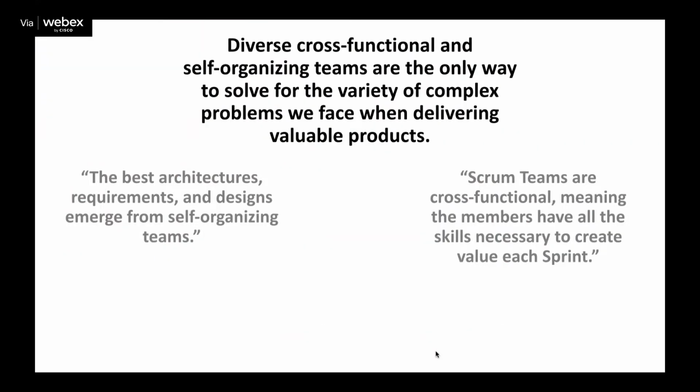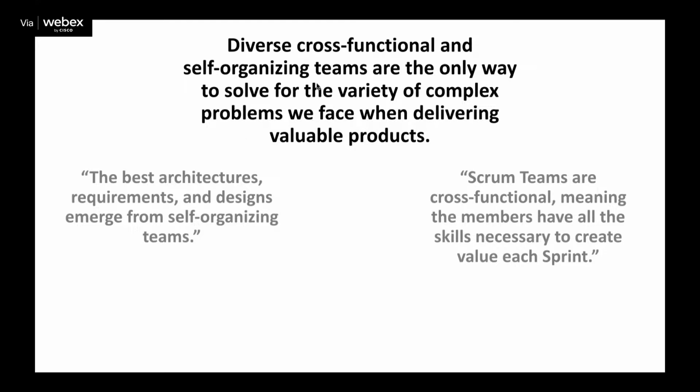So first of all, we need diverse, cross-functional, and self-organizing teams. It's the only way to solve for the variety of complex problems we face. One reason is a principle of the Agile Manifesto: the best architectures, requirements, and designs emerge from self-organizing teams.